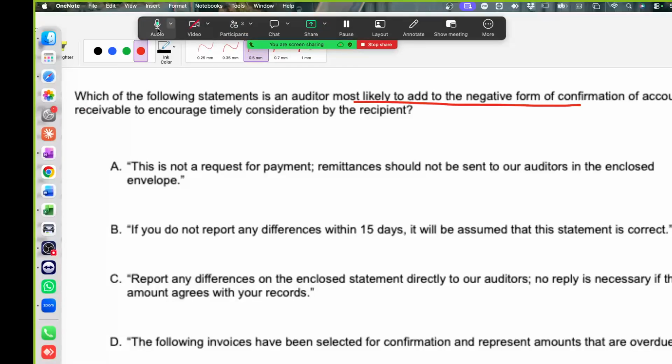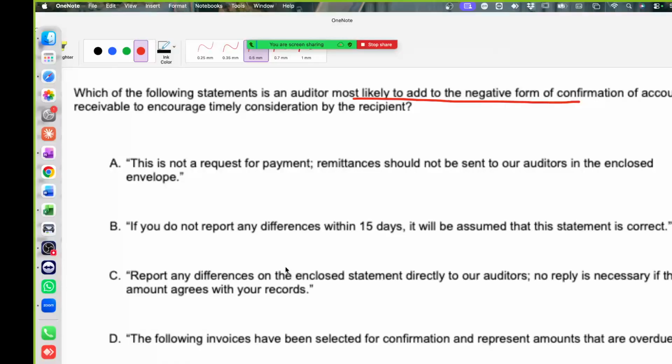Negative, small balances. No, that is again the positive one.